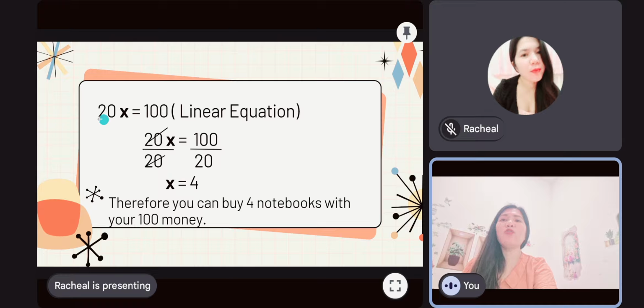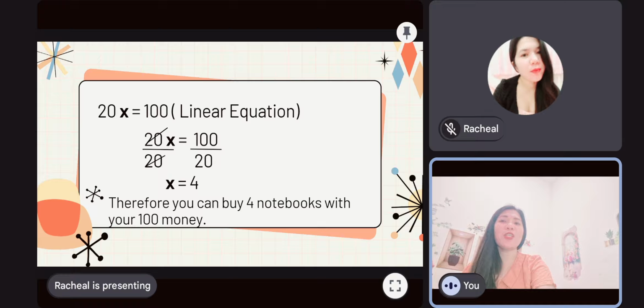First, you have to cancel the number beside the variable. So how are you going to cancel it? You have to divide it by the same number. So since the number beside the variable is 20, then you have to divide it by 20. So 20 divided by 20 is equal to 1. Should we put 1 beside x?